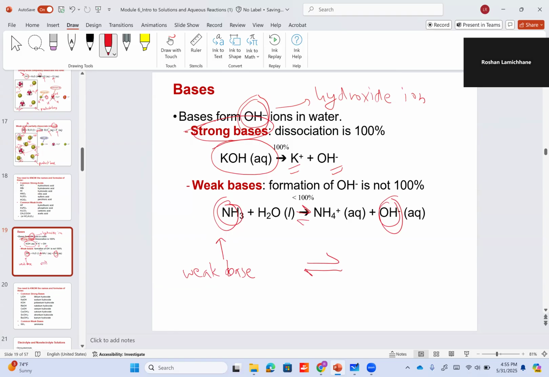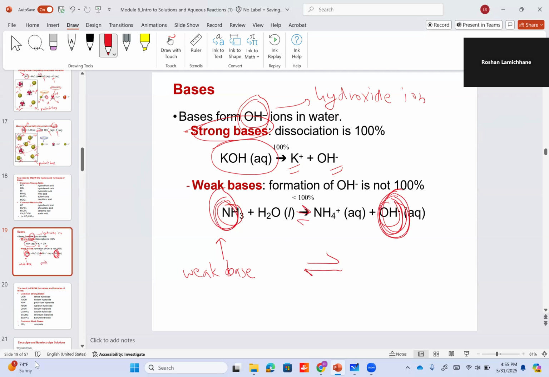That's telling the audience that my product box is going to have lots of my starting material left over. So basically only a fraction, maybe 0 to 5% or less than 10%, of the ammonia will react with water to form the OH minus, or the hydroxide ion, in water.